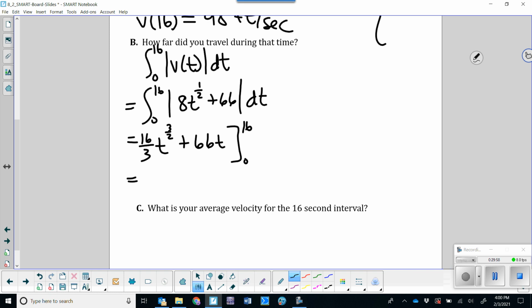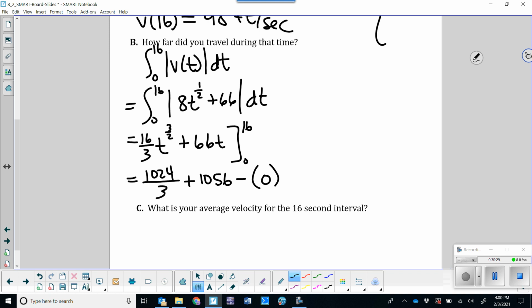And so if you plug in 16 to t, you're going to square root the t first, that's 4. 4 cubed is 64. 64 times 16 is 1,024 over 3, plus 16 times 66, which is 1,056, minus parentheses, plug in 0. I'd like you to remember that you actually checked and it is 0.